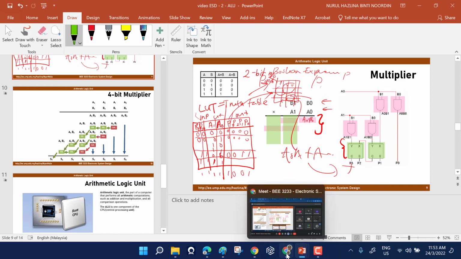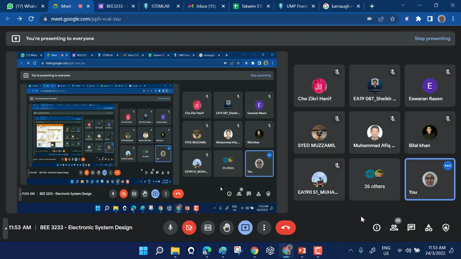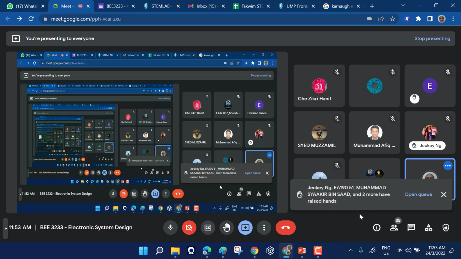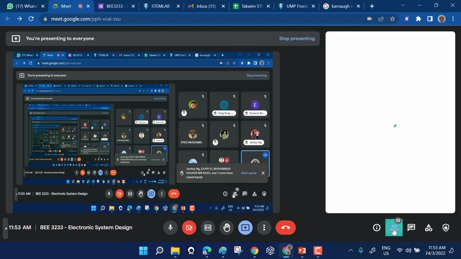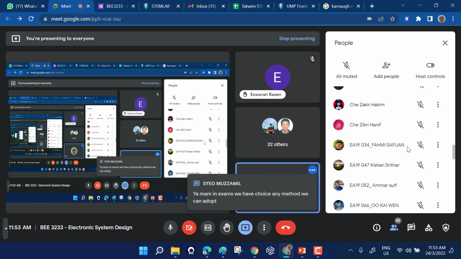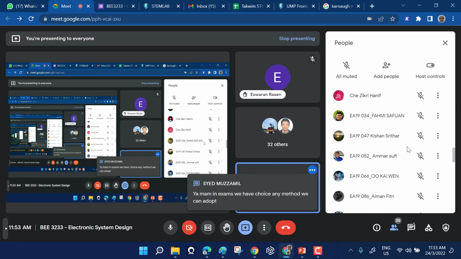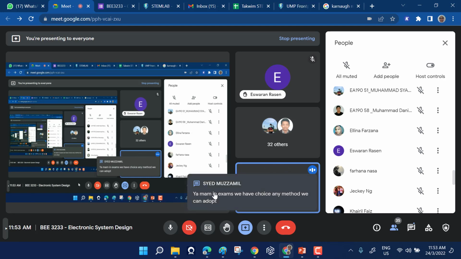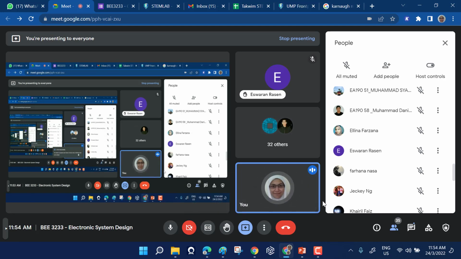Who is okay, can you raise your hand? Okay. In the exam, if they did not mention which way of executing it, it is up to you to choose which choice. But if they specifically mention you need to execute it using multiplexer, you have no choice.